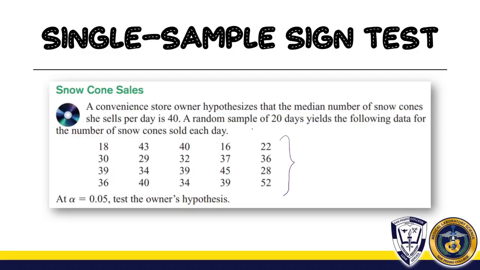She counts how many she sells each day, and this is the data she came up with. On the first day she sold 18, then the next day 30, 39, 36, and so forth.